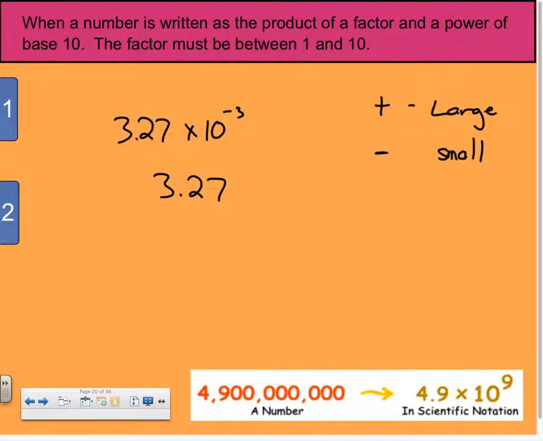To the left, okay? So I'm going to move it to the left 3 times. 1, 2, 3. All right? And I have to fill in the zeros. Now, because the decimal point is in the front of my number, I have to include that in my answer. I can do 0.00327, and I would say that that's a pretty small number. So small numbers match with negative exponents.